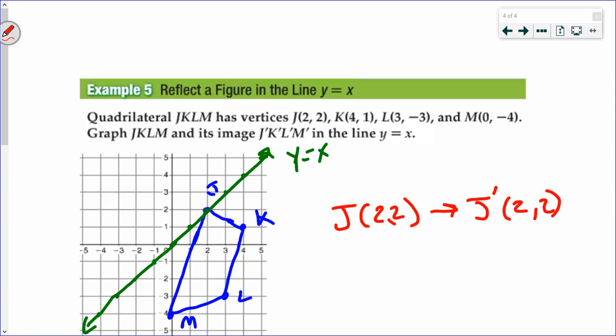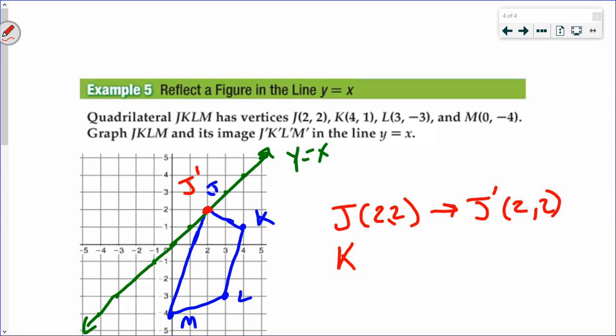It's still going to be (2, 2). If we interchange them, it's still the point (2, 2). So that point is J prime as well. And again, that is on the line of reflection. So if you guys remember back, if the point is on the line that we're trying to reflect in, of course, its image remains the same point. So that one makes sense here.